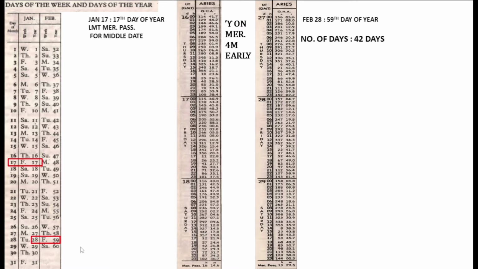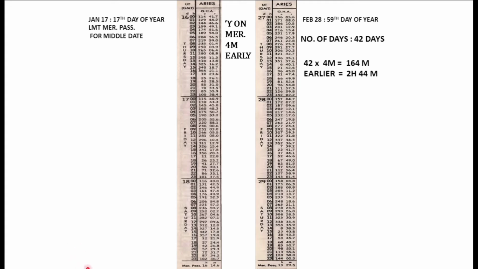Now it is coming 4 minutes earlier. So basically, if this is the time for 17th of January, it'll come 4 minutes earlier per day for these days here. So 17th of Jan is 16:14.